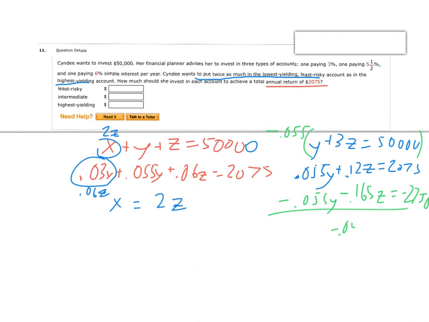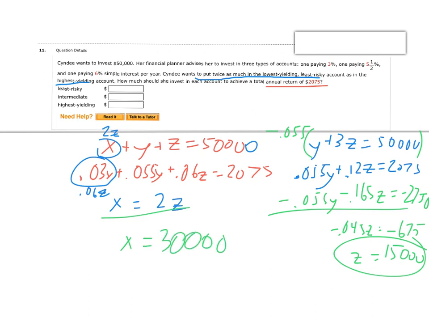Yeah, it is negative 0.045z equals 2075 minus 2750, negative 675. So now we'll divide that by negative 0.045, and that 675 divided by 0.045 gives me z is 15,000. Then I can plug that in here, so x is double that, so that'll be 30,000. And then I know that I invested 50,000 total, so y must be the leftover, which is 5,000.